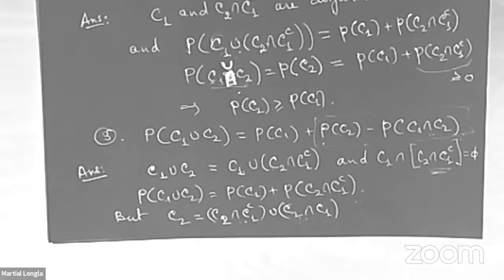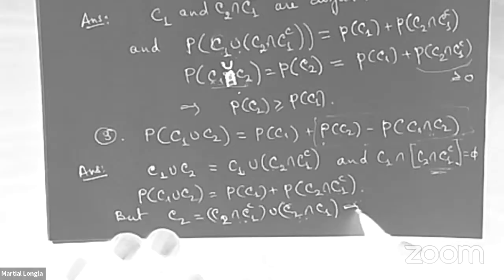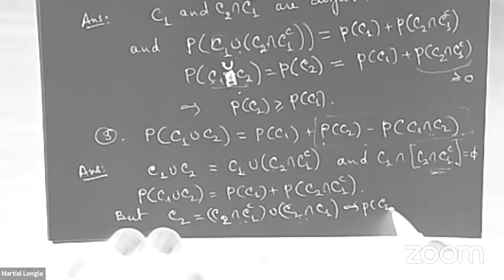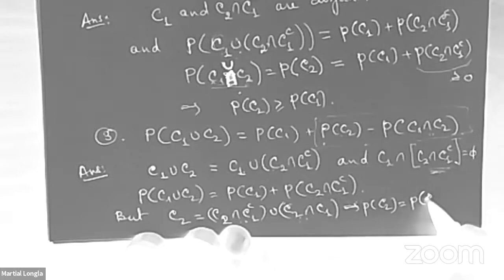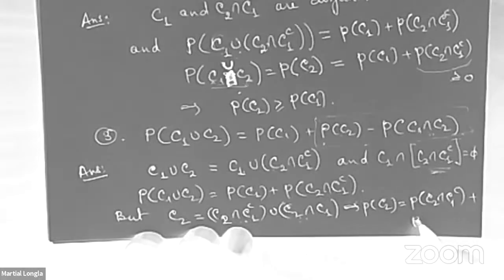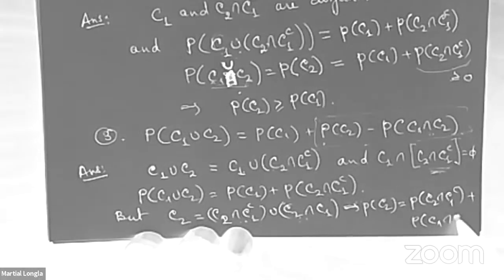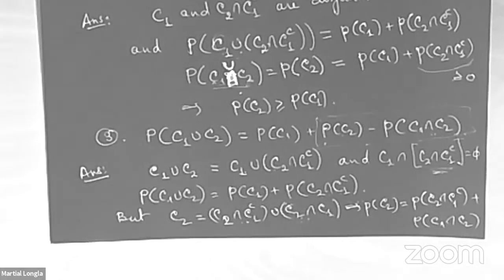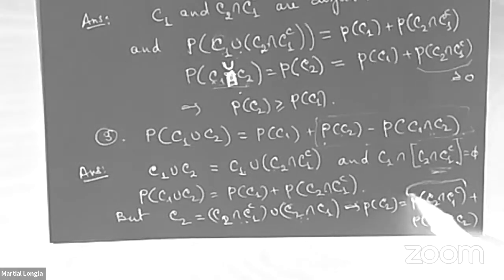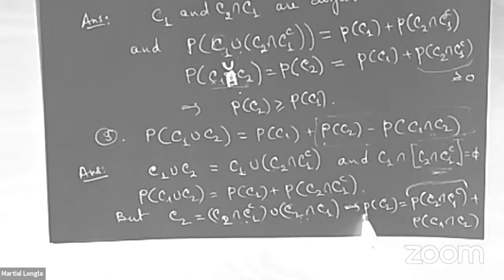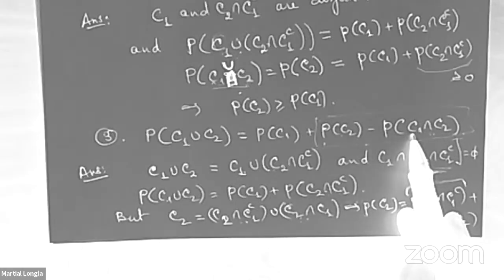Their intersection is empty. That's the reason why the probability of C2 is equal to the probability of C2 intersection C1 complement plus the probability of C1 intersection with C2. And so we can solve for this, which is P of C2 minus P of C1 and C2, which is exactly that.